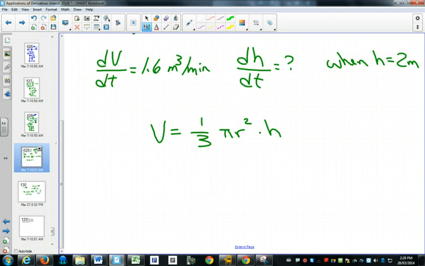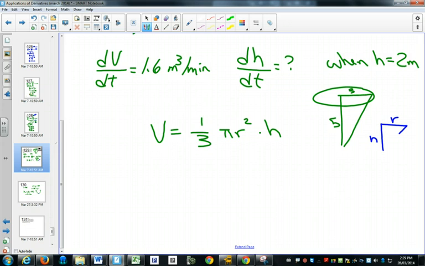And right now we have 3 variables. And the question is, can we use similar triangles to write that radius as a height? We know that the big one is 3/5, but what we don't know is what it is when it's smaller.